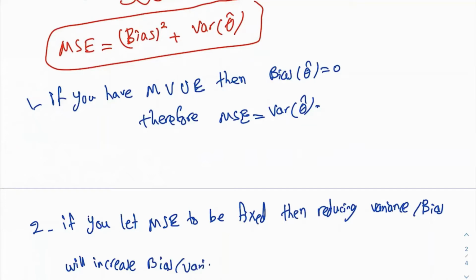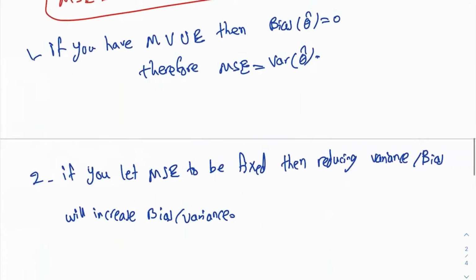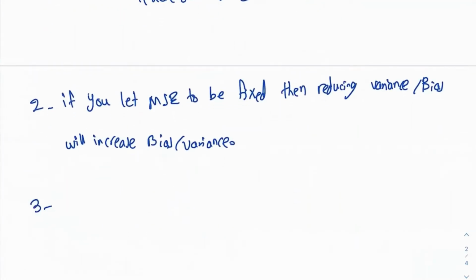What does this statement say? That if MSE is constant, if you fix that, if you hold the value constant, then if you increase the bias, the variance should go down, right? Hence the word trade-off. This is why it's called the bias variance trade-off. Now, if you increase the variance, the bias should go down because the MSE is constant, so it should add up to the same term, right? Good.